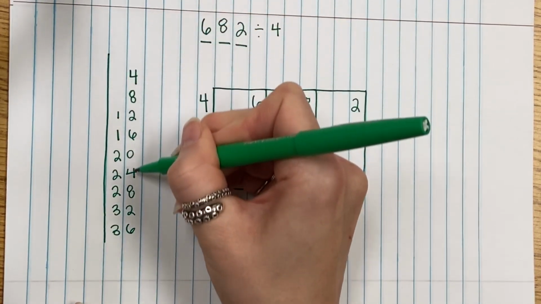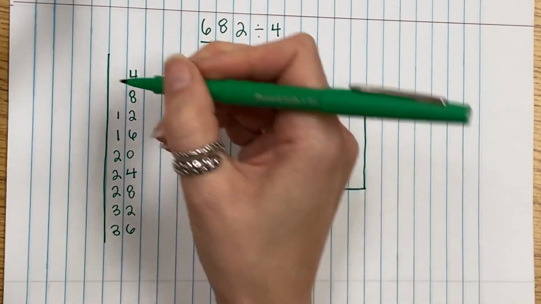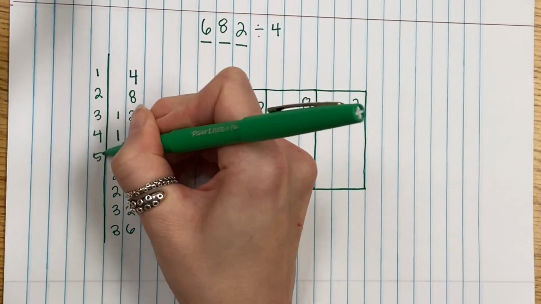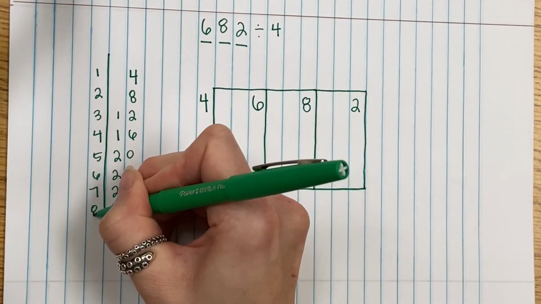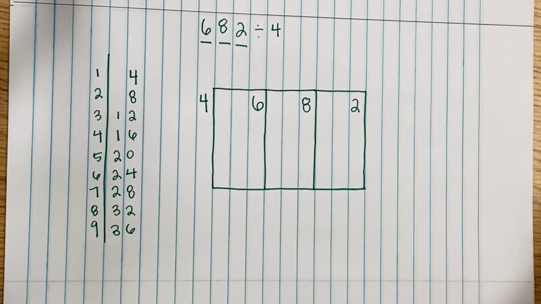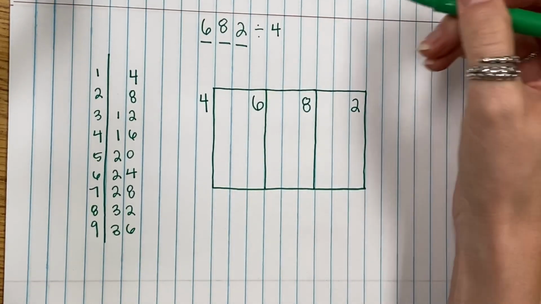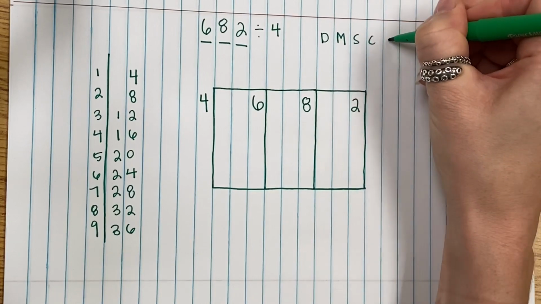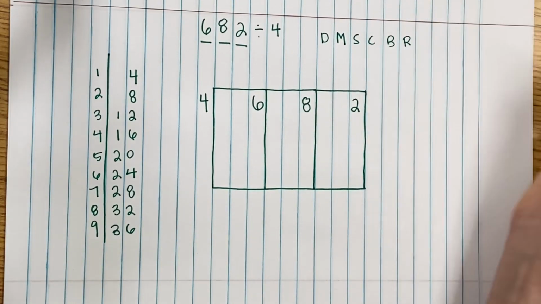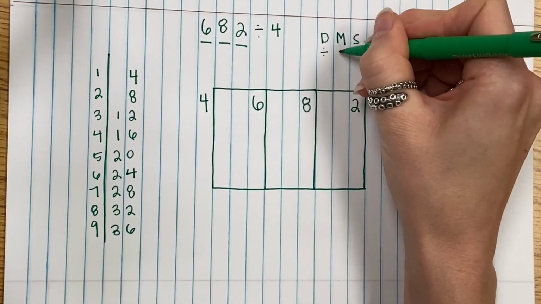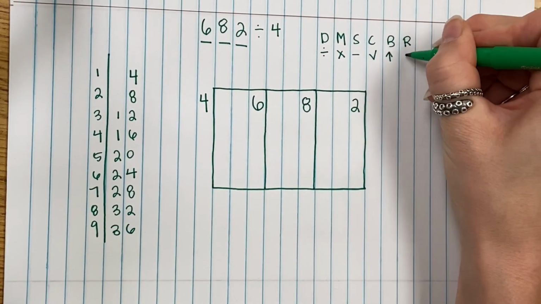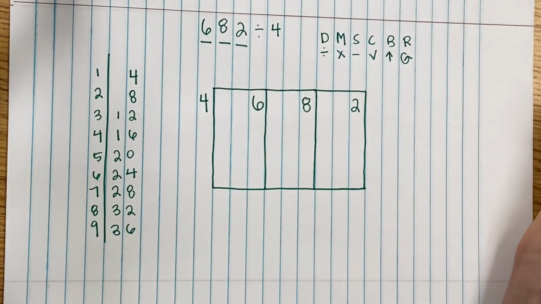My 1s are in the 1s column, my 10s are in the 10s column. Okay. Now that I have my multiples, I can do my division steps. I like to use the phrase "Does McDonald's sell cheeseburgers regularly?" So I'm going to divide, multiply, subtract, check, bring up, and repeat.